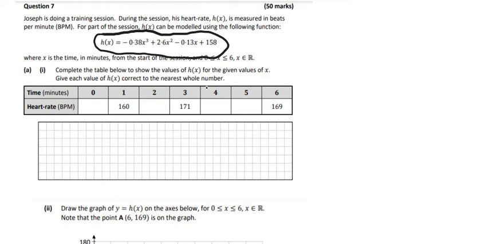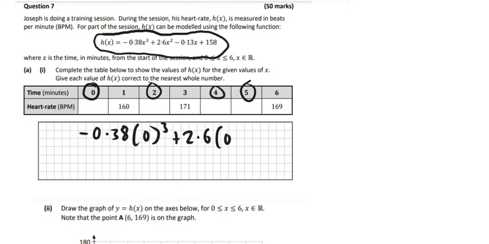You're just subbing in a number for x each time. First of all, you're putting in 0, and then 2, and then 4, and then 5 instead of x. So you need your calculator here. If you put in 0, you'll get minus 0.38 times 0 cubed plus 2.6 times 0 squared minus 0.13 times 0 plus 158.